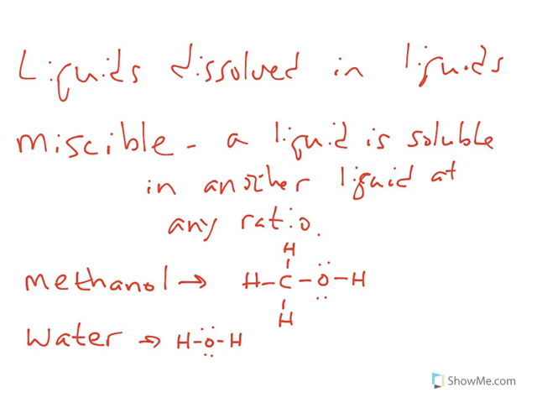All right. So if we look at something that methanol and water have in common, it's this polar OH group, and water actually has two of them. In fact, the whole entire water molecule is an OH group, right? So methanol and water are miscible. That means you can add water and methanol all day long, and you're not going to see any separation. It's going to make a nice, pretty solution of water and methanol.